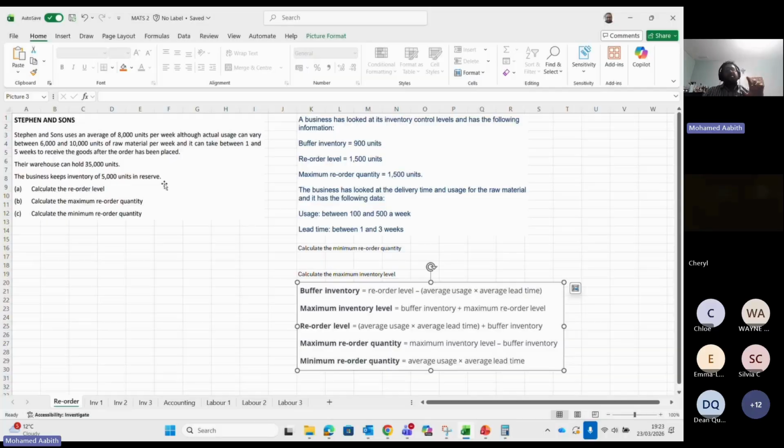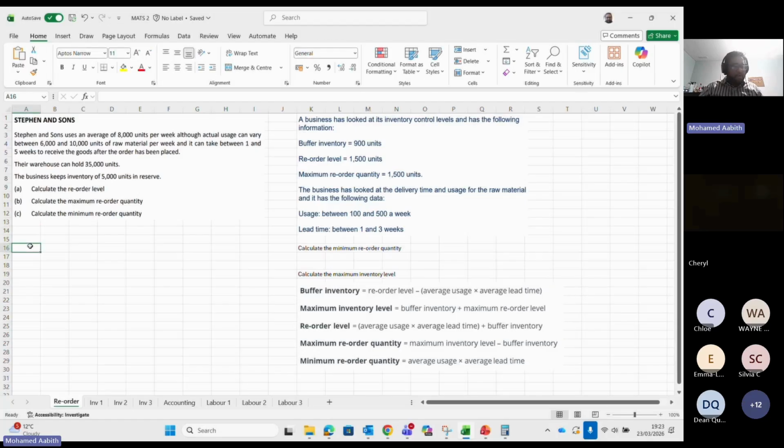So that means the usable number of units from these two statements is 30,000. That should be your maximum reorder level or maximum inventory level. Your maximum inventory level is 35,000, which means I can only reorder up to, so I'm going to put that here, maximum reorder quantity.